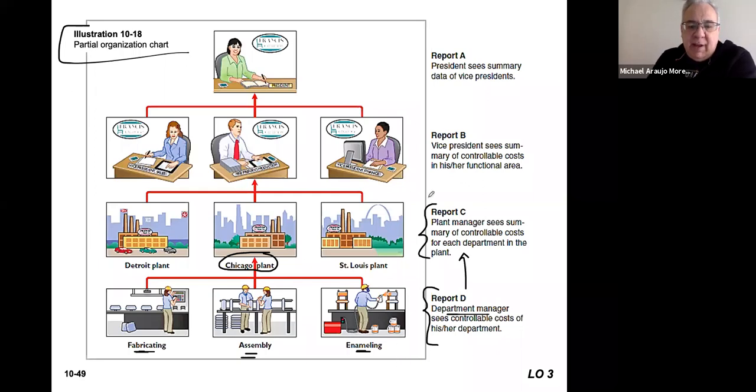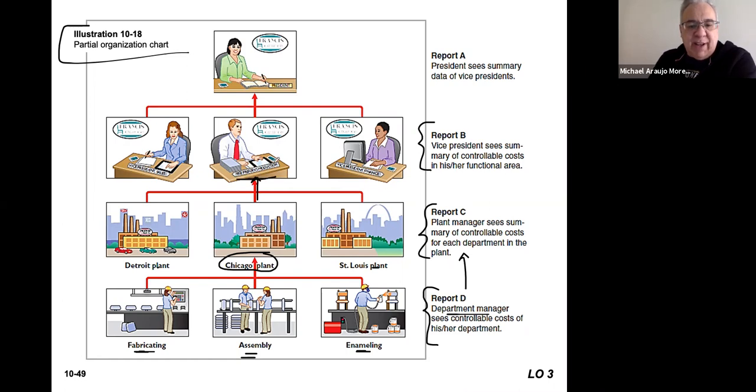Then that would be reported up to the vice president overseeing, in this case, production, because you have 3 different plants here coming up to this one vice president in charge of production.